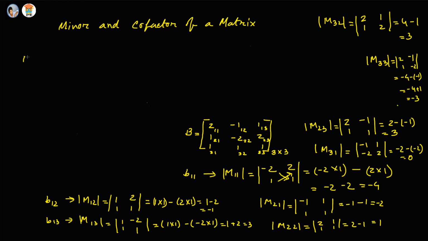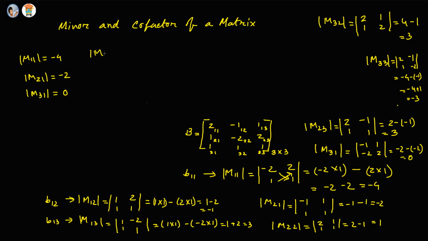So M11 will be equal to minus 4, M21 is equal to minus 2, M31 is equal to 0.